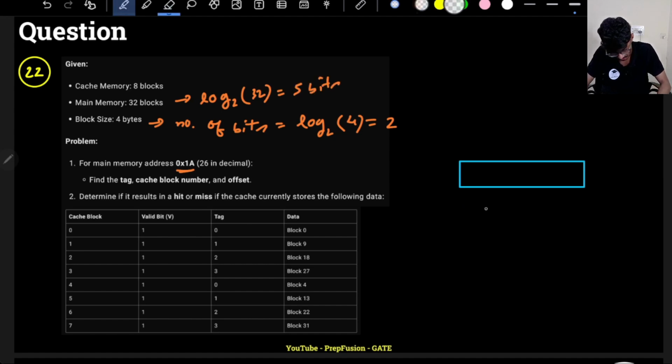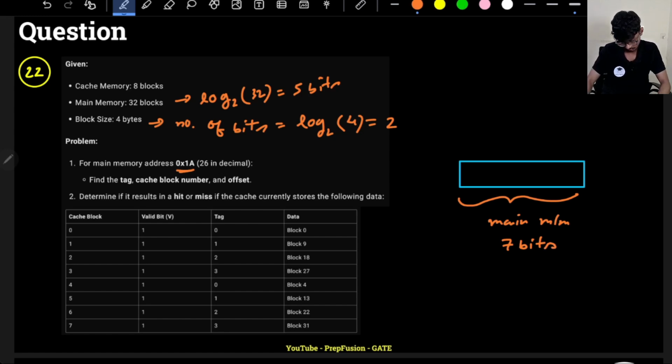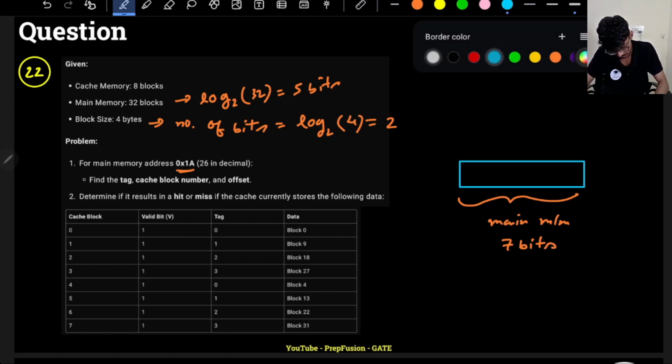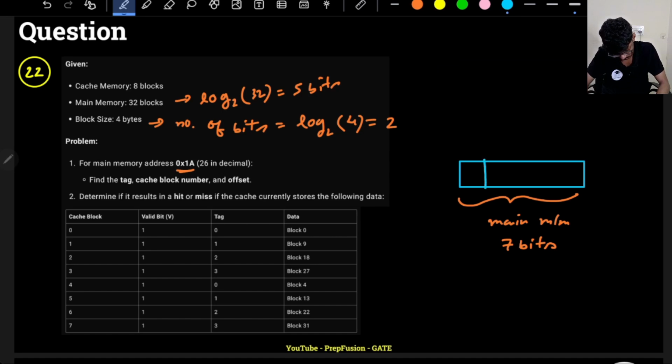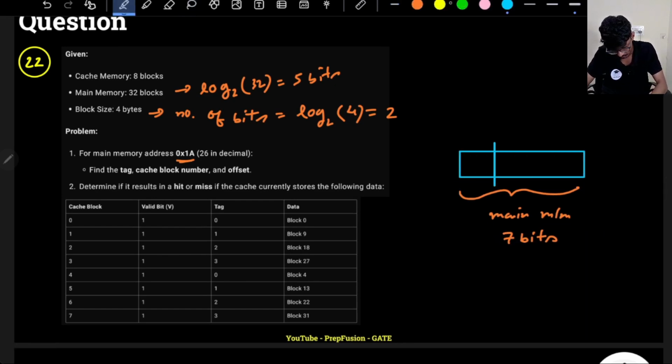So overall, main memory address will contain 7 bits.